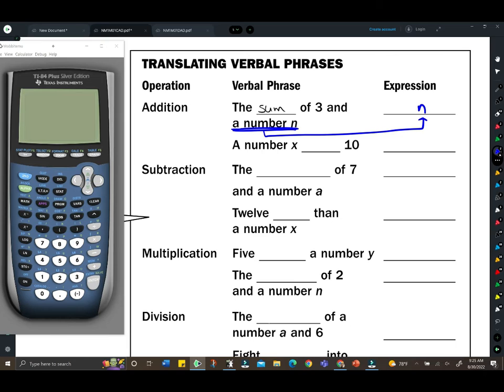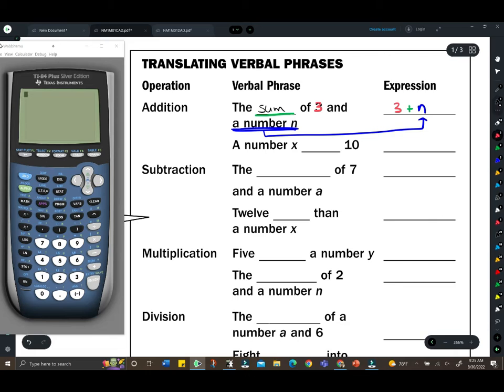So a number means variable. Sum tells us we're going to use addition, okay? And then the other bit of information is 3. So the sum of 3 and a number means that we take 3 and then we use sum, which is addition, and a number n.